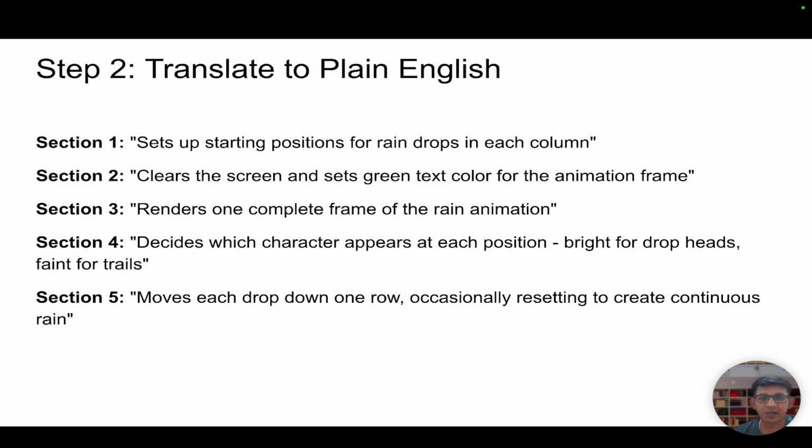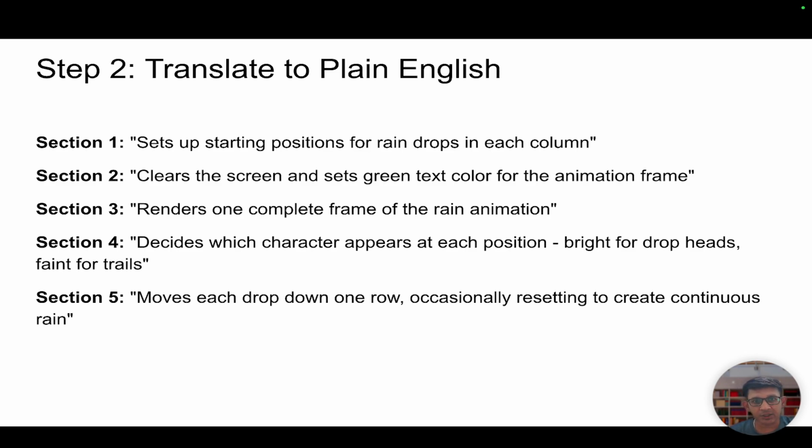Section 4 decides which characters appear at which position, bright for drop heads and faint for trails. This is the visual logic, bright characters at the drop positions and occasional faint characters everywhere for the trailing effect. And section 5 moves each drop down one row, occasionally resetting to create continuous rain.